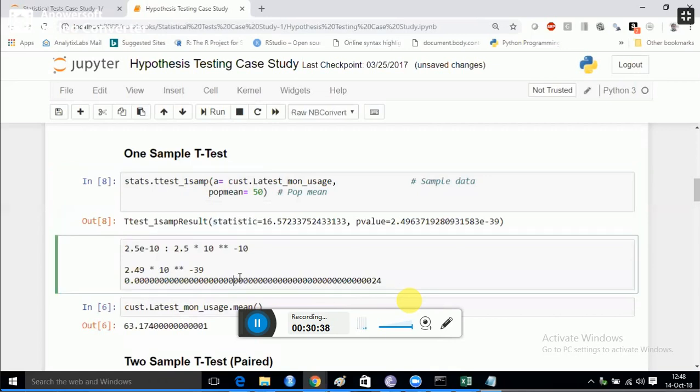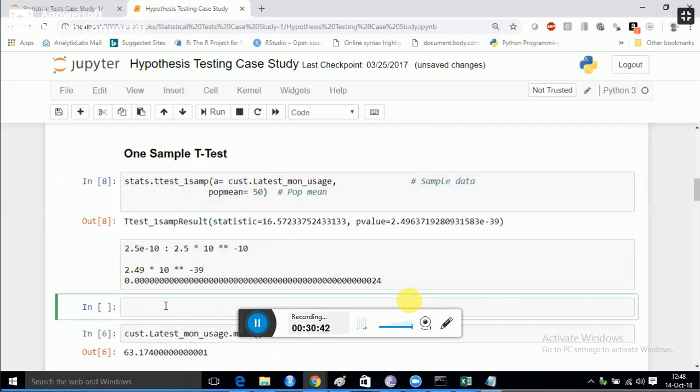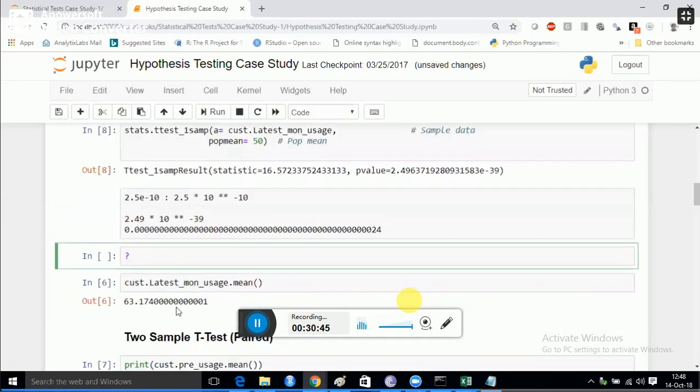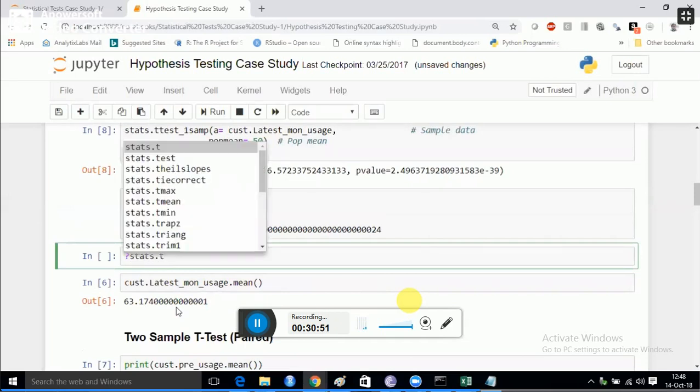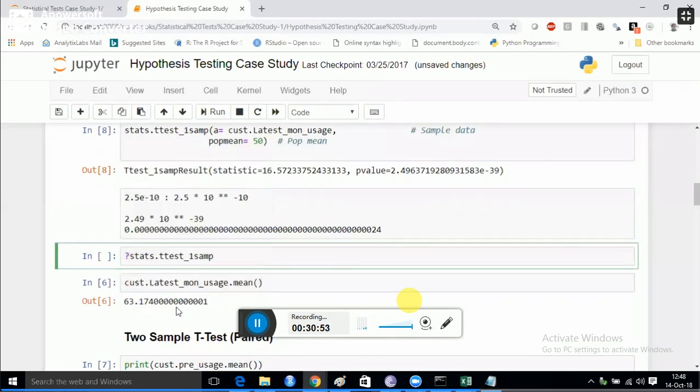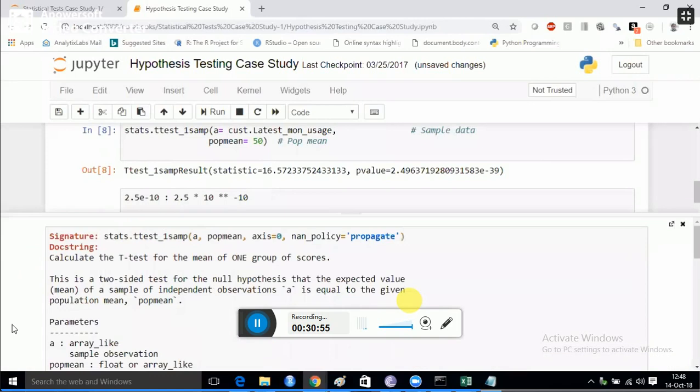Now, can we tweak this function? Can we tweak this function, stats.ttest?